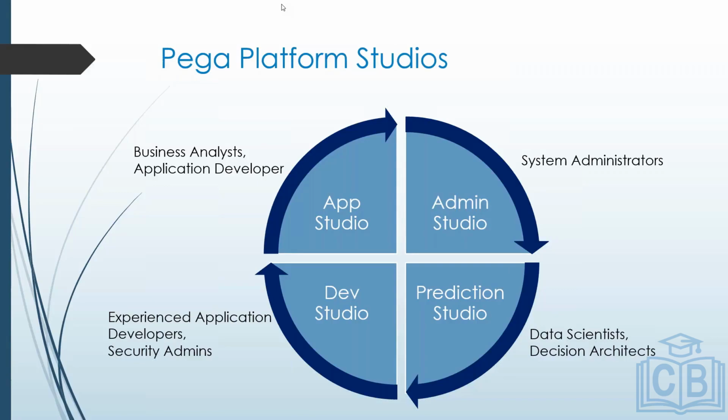This is role-based; do you get access to everything at the development phase? Not really. Assume I am a BA. I don't need Prediction Studio, right? Because I don't work on defining these adaptive predictive models. My job is on App Studio.